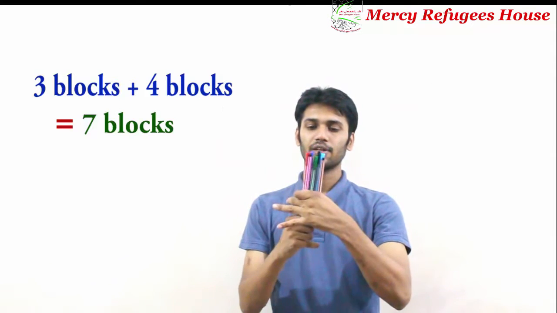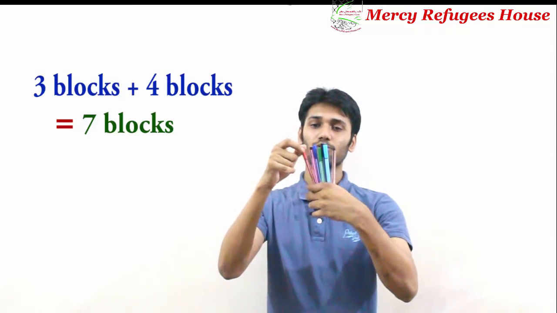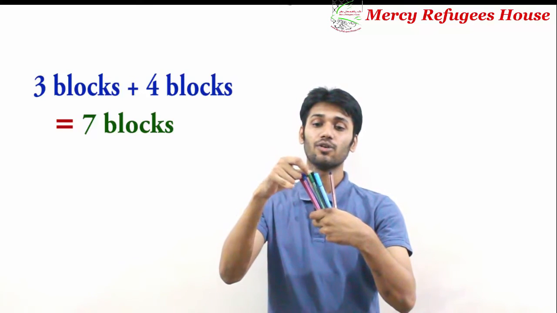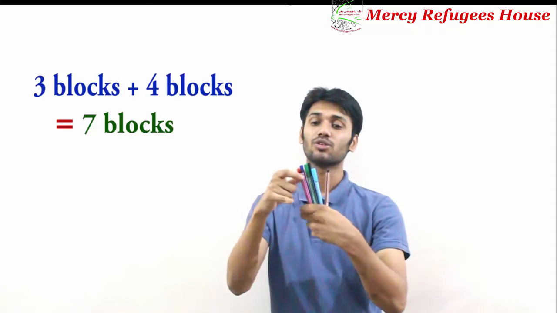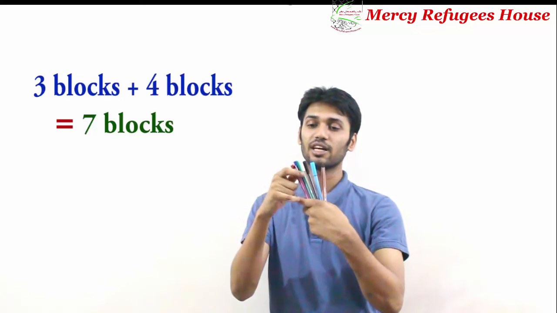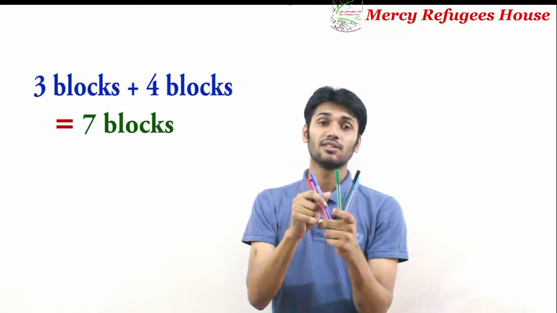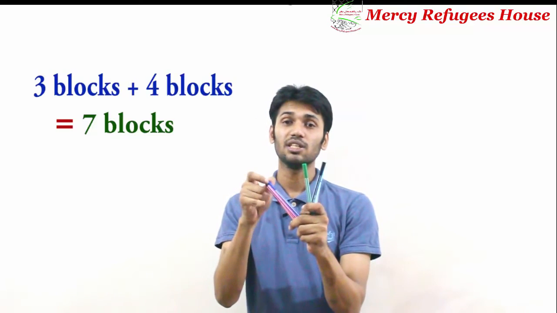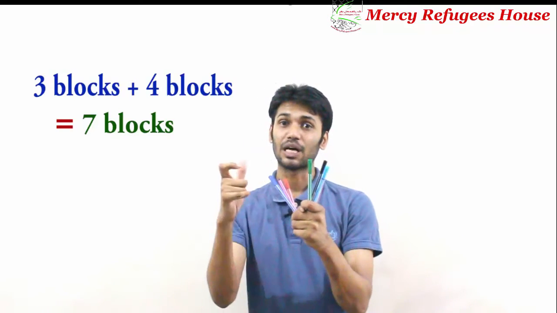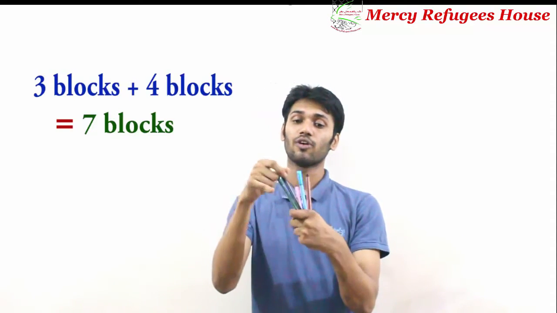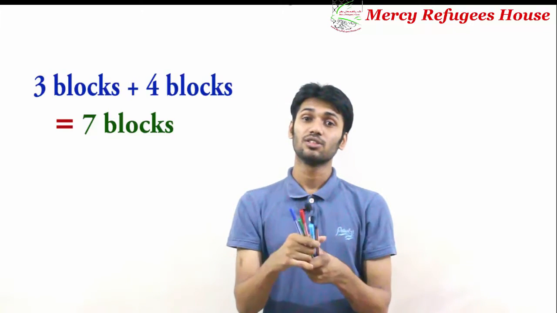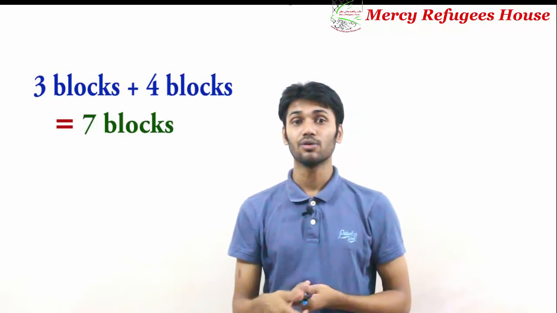Now here, look at this, 7 blocks, they should count 1, 2, 3, 4, 5, 6, 7. So after 3 there will be 4 added. You're adding 4 to 3. So 1, 2, 3, we have got 3 already. Now there will be 4, 5, 6, 7. So 3 plus 4 equals 7.